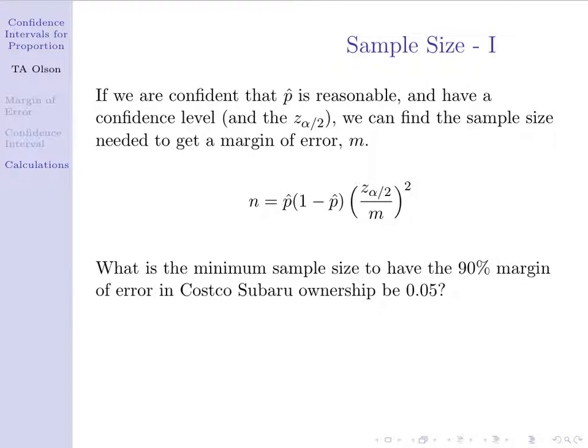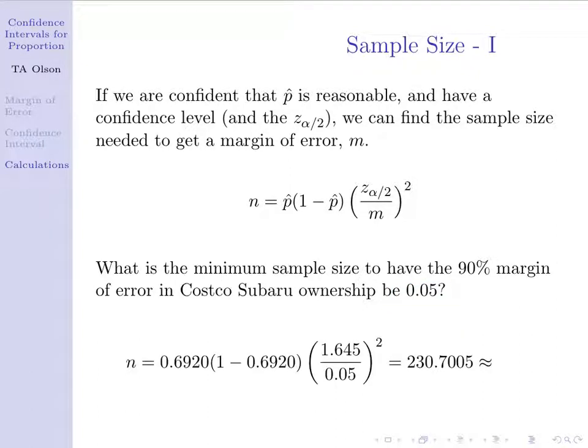So if we wanted to go back and ask, all right, what's the minimum sample size to have a 90% confidence level for margin of error to be only 0.05, right? If we only want to have a 5% on either side, how big must this be, assuming that our p hat is reasonable? So doing our calculation, right, we have p hat, we have 1 minus p hat, 90% confidence is 1.645.